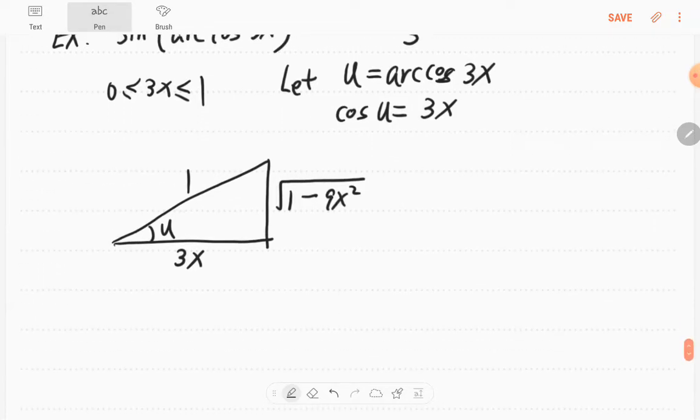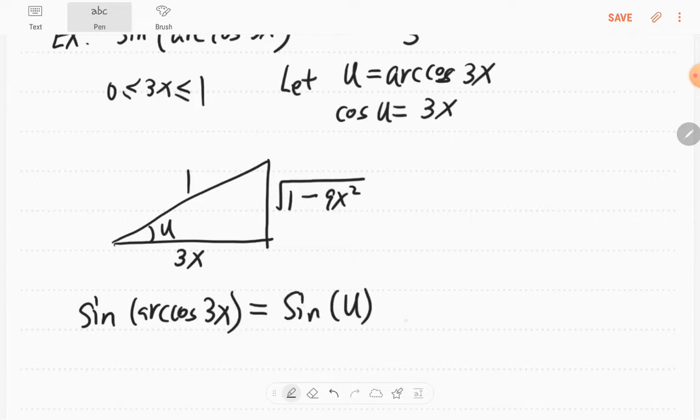So our problem becomes sine of arc cosine 3x, which is sine u, the opposite over hypotenuse, which is this number.